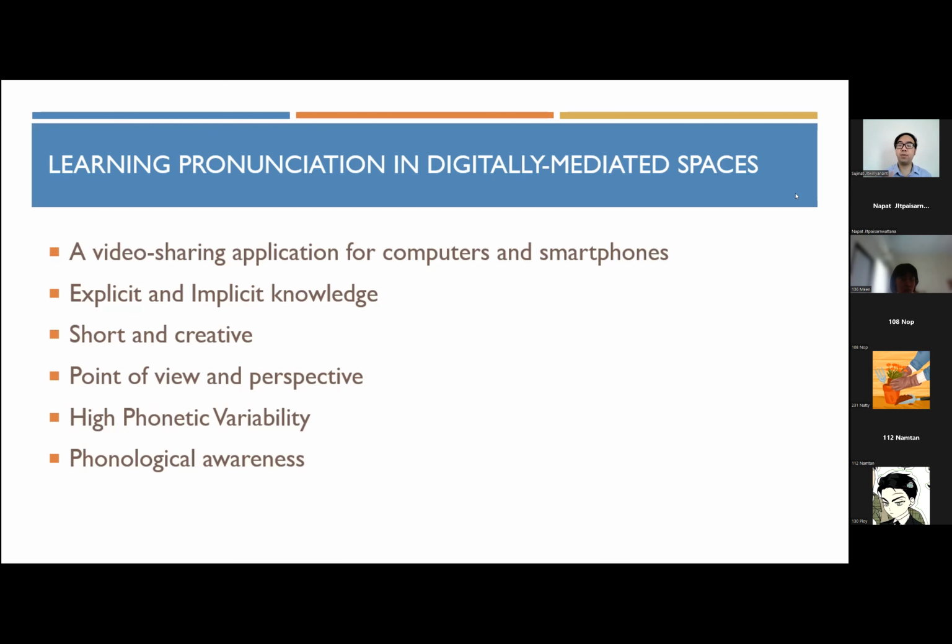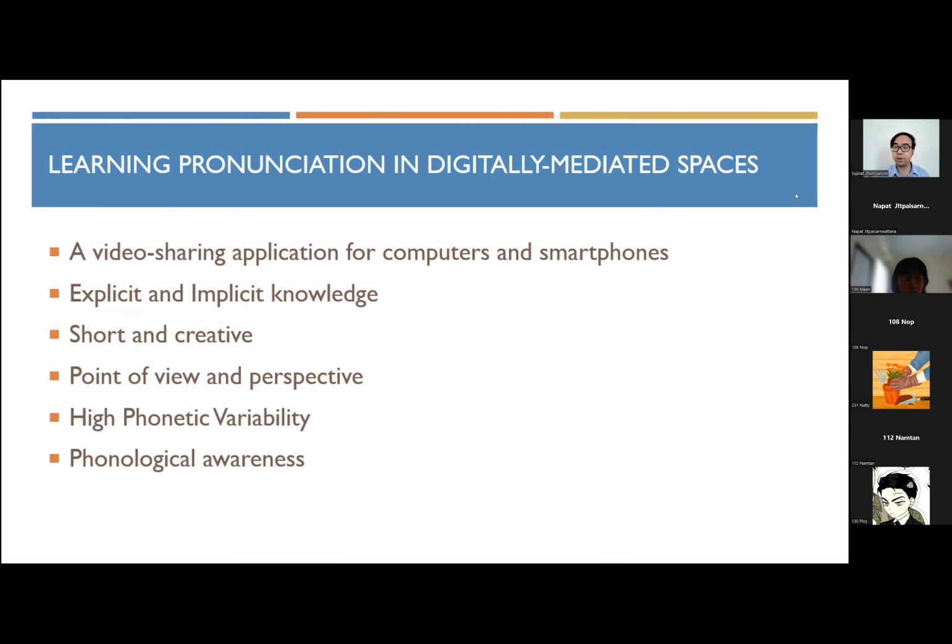And by watching a lot of videos like this, you can gain explicit knowledge and sometimes implicit knowledge, and both are very useful for learning pronunciation. Sometimes you are informed very clearly that these two sounds are different in this and that way, but sometimes you just watch and observe unconsciously.